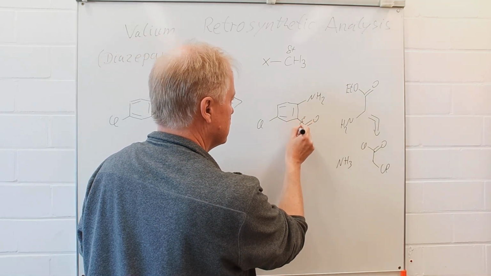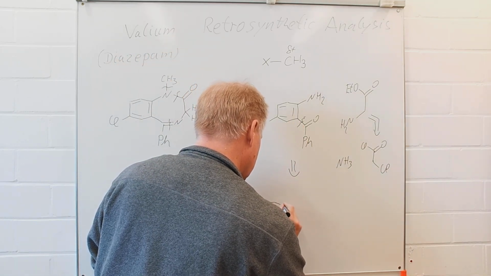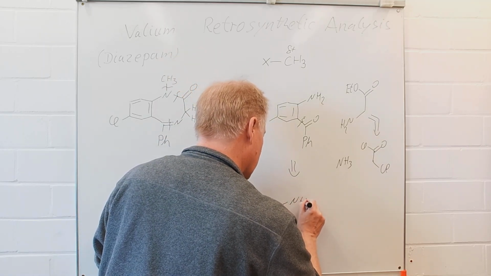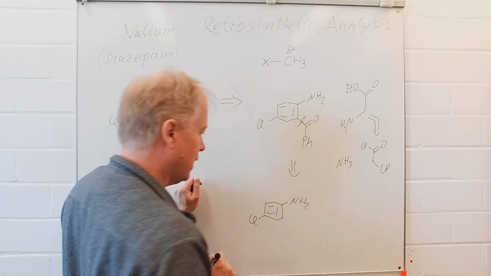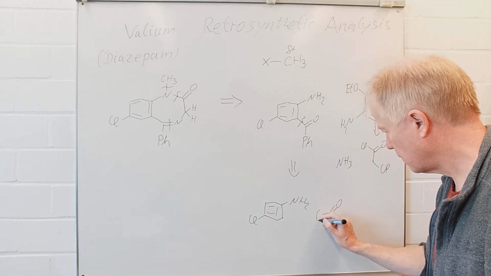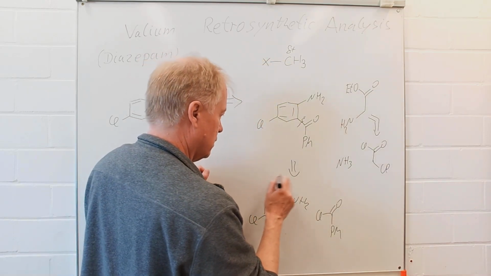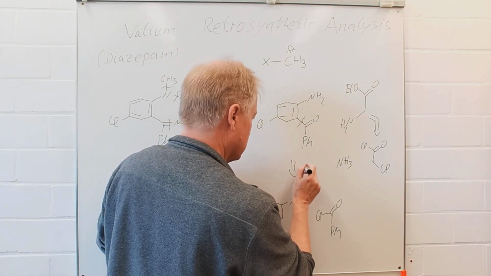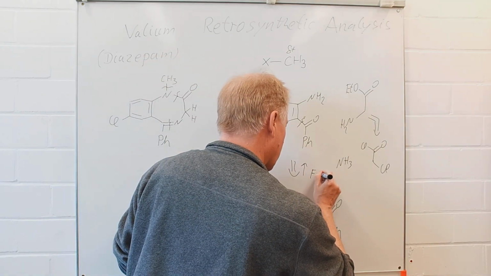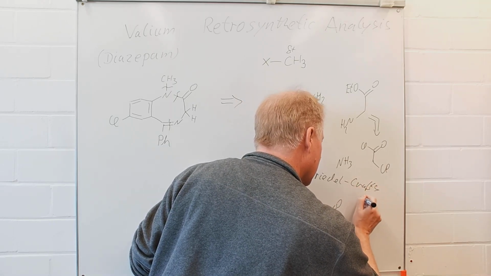Well, certainly we have here the strategic bond, and then we simply get to 2 starting materials, parachloroaniline and benzoyl chloride with the idea, well, we need a catalyst, and this is a Friedel-Crafts acylation.